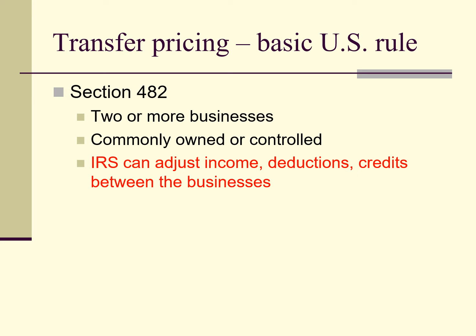The IRS may distribute, apportion, or allocate income, deductions, credits, or allowances between or among the organizations, trades, or businesses, if the IRS determines that such distribution, apportionment, or allocation is necessary in order to prevent evasion of taxes or clearly to reflect the income of any such organizations, trades, or businesses.